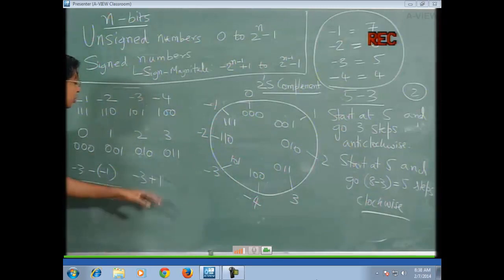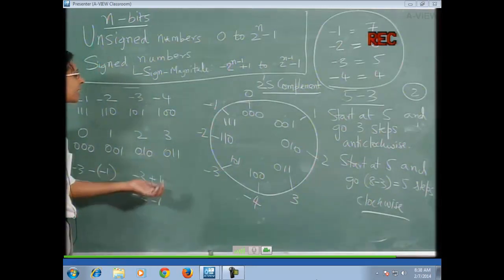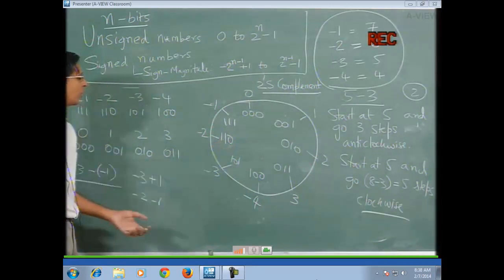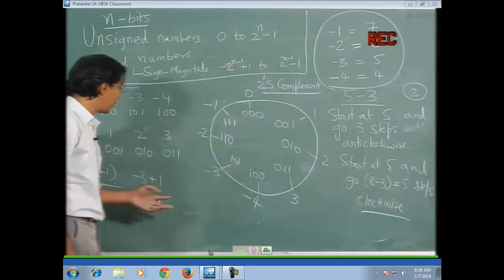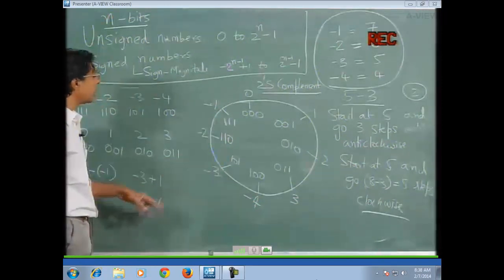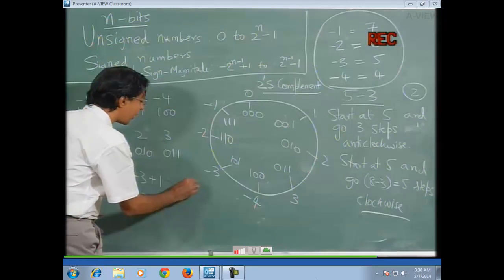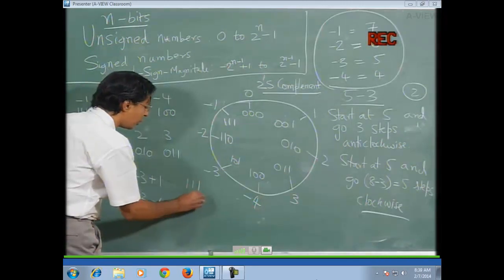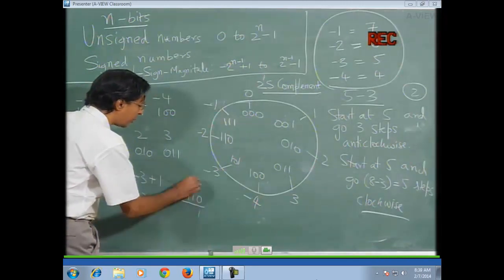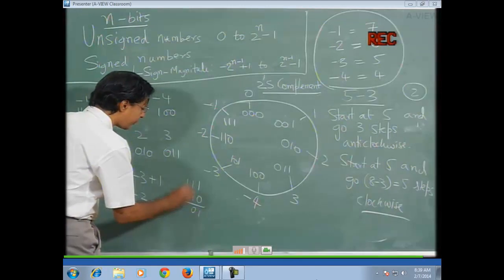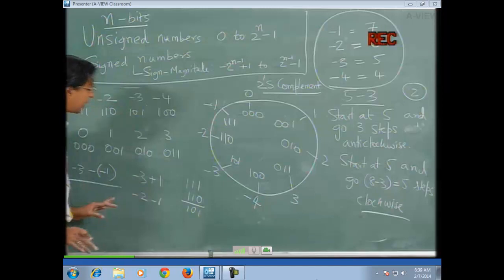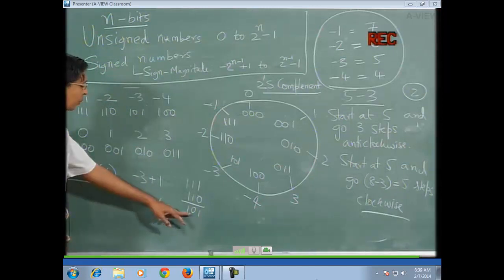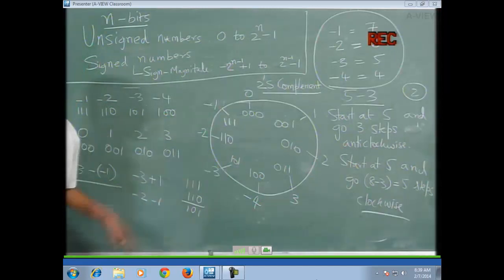So even for -2 minus 1, you just take the representation of 110 and the representation of minus 1, which is 111, and then just add it. So if I add this 111 with 110, I get 1 plus 0 is 1, 1 plus 1 is 0, and just ignore the next digit. So I get 101, which is nothing but -3.